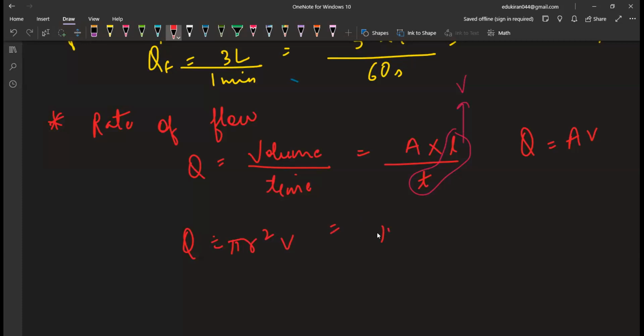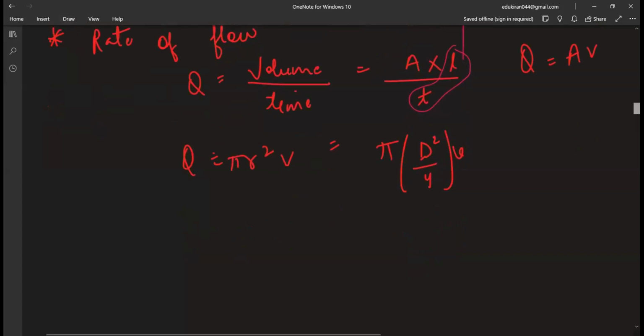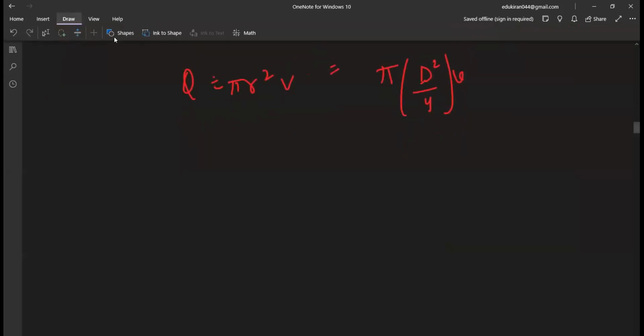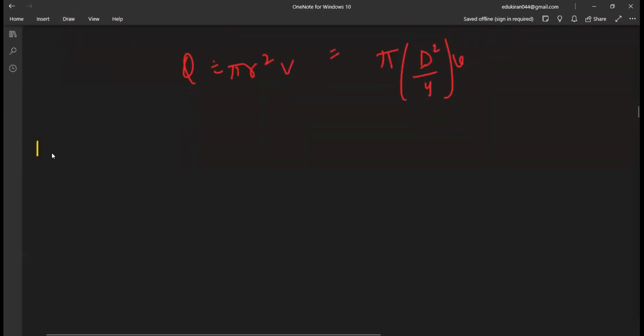Here diameter is given, so we will write d square by 4, because radius is half of diameter, into velocity. This will give you the rate of flow of fluid. So you will calculate Reynolds number. In this question, calculate Reynolds number.